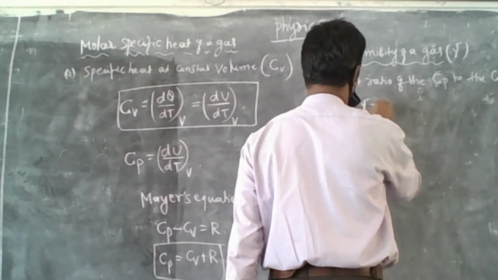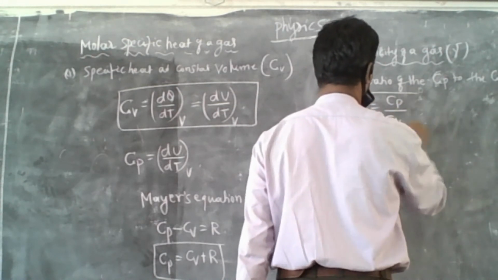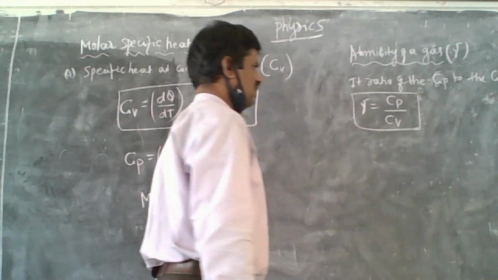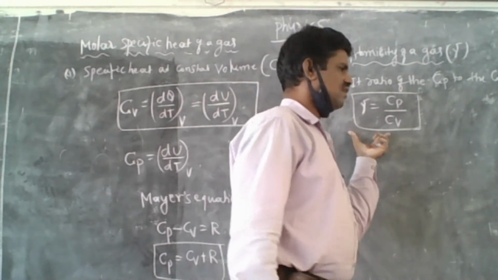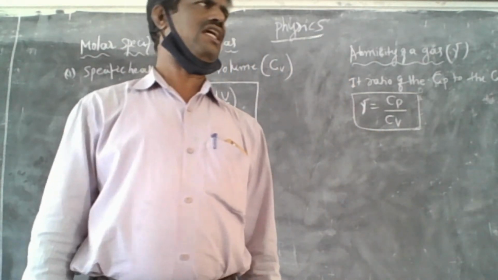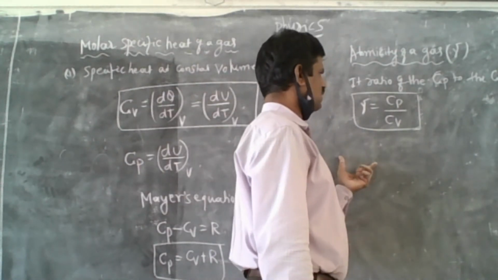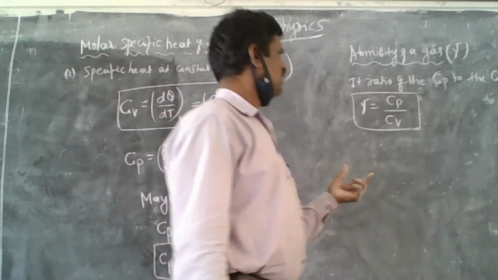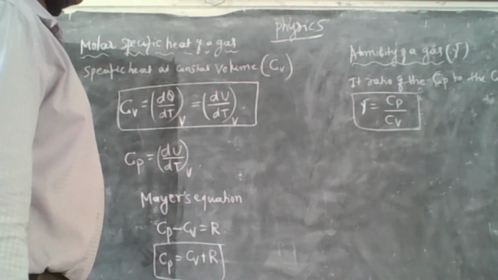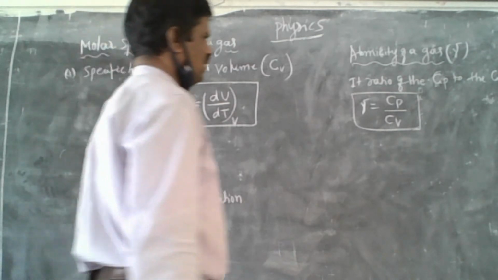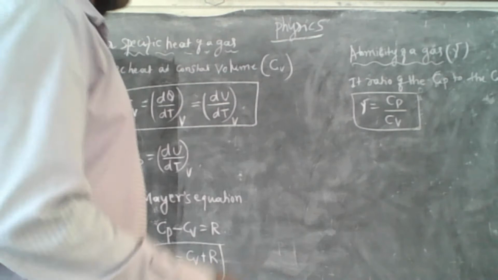That is, gamma equals Cp by Cv. This is known as atomicity of gases. And we can discuss further about the atomicity of gases and the ratios of the gases in a further chapter.